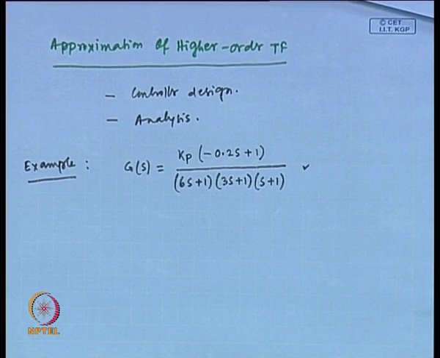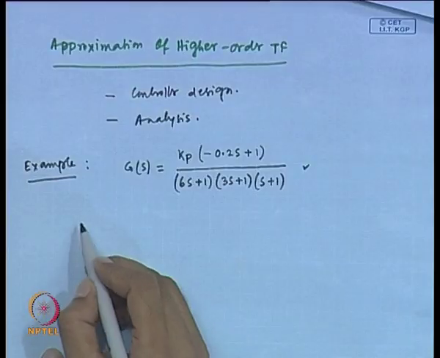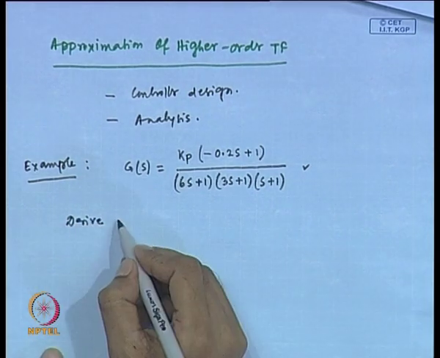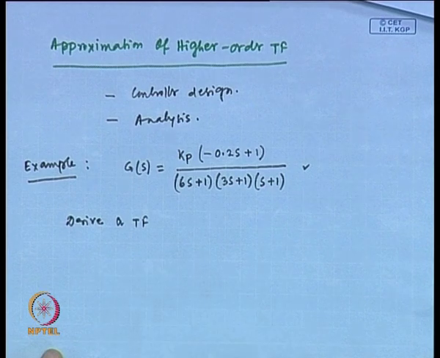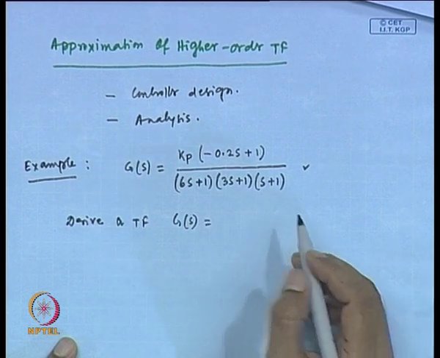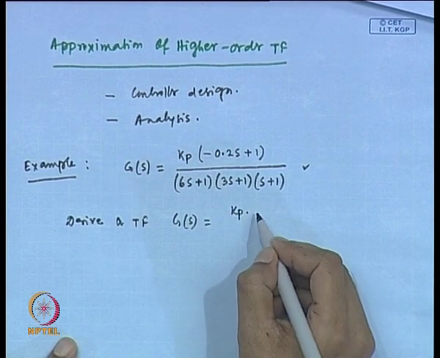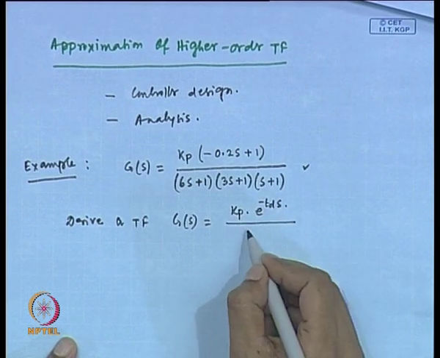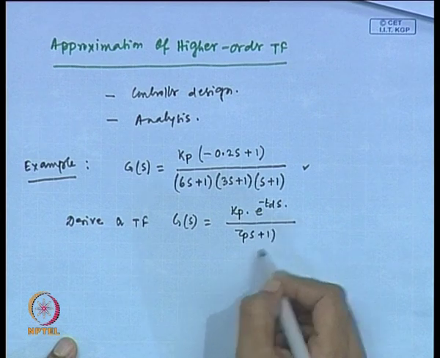Now we wish to transform this transfer function to a first order plus dead time system. So we wish to transform this transfer function into the form G(s) equals Kp exponential of minus TDS divided by tau P s plus 1.